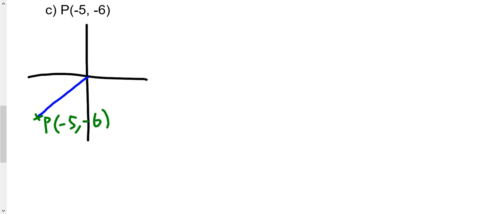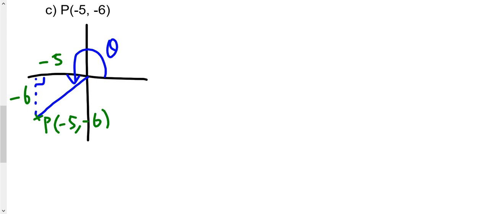And angle theta is here. The width here is 5 units to the left, so -5. And then the height here is 6 units down, so -6.